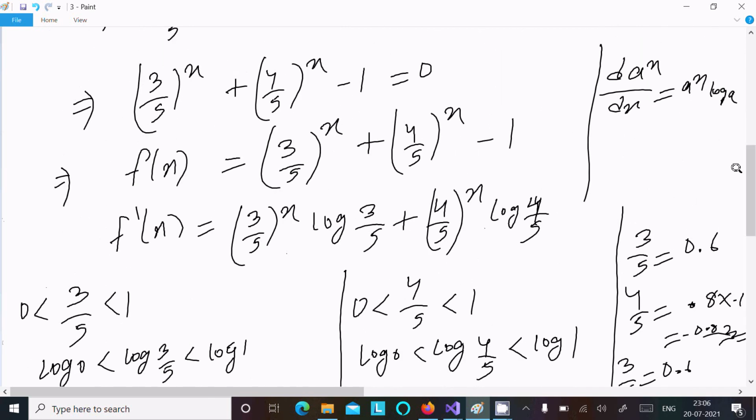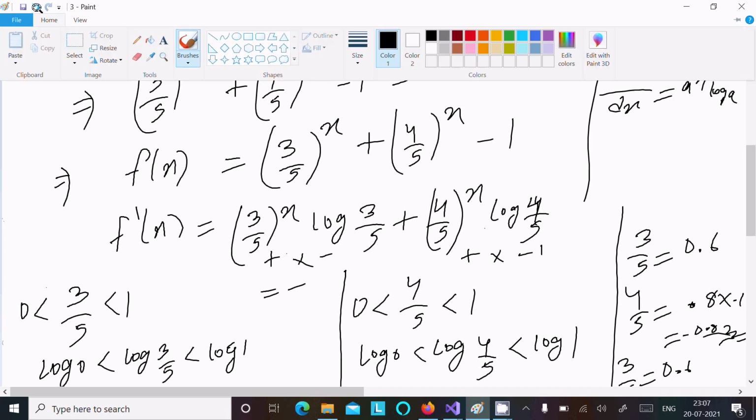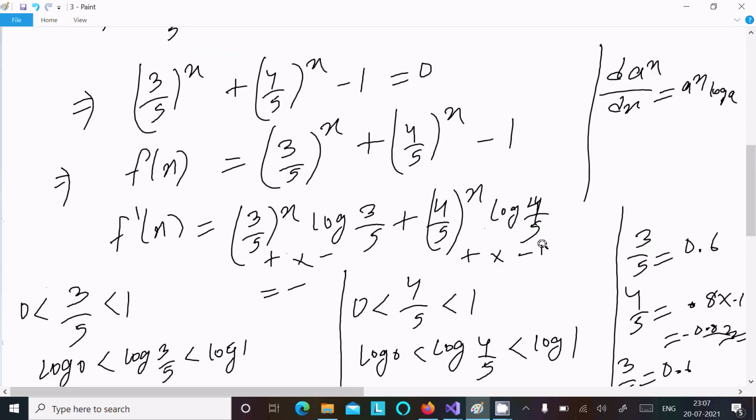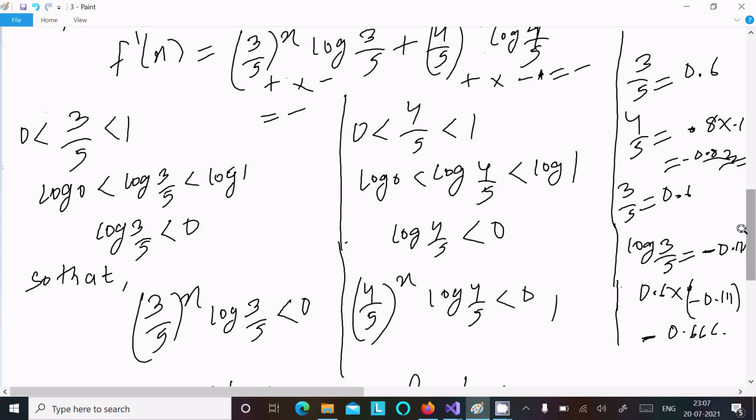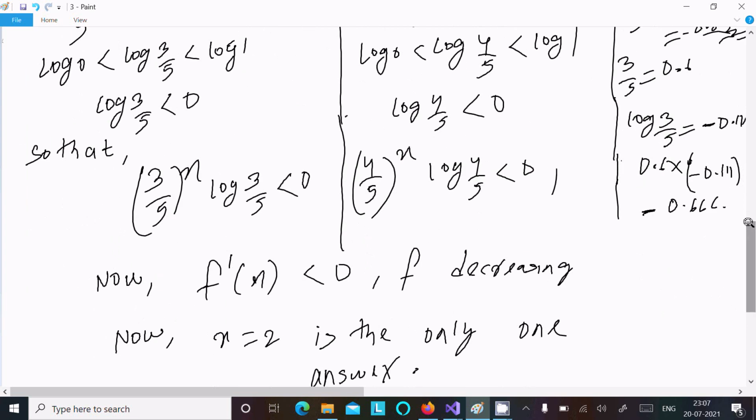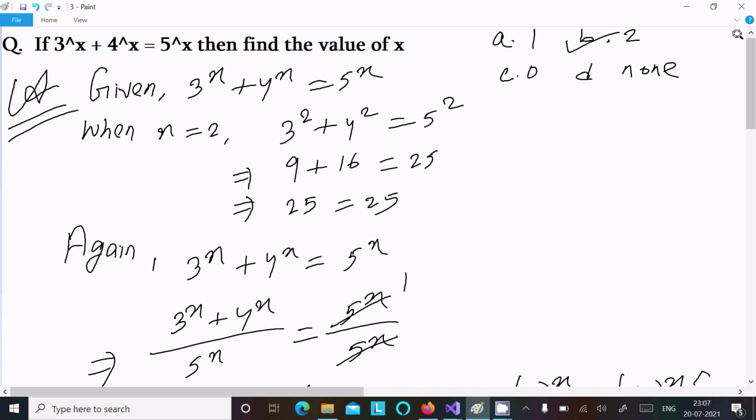One time going to repeat: (3 by 5) power x is positive and log 3 by 5 is negative, so positive times negative is negative. The same for the other term. So f dash x is negative, so the function is decreasing, so x equal to 2 is the only one solution of this question.